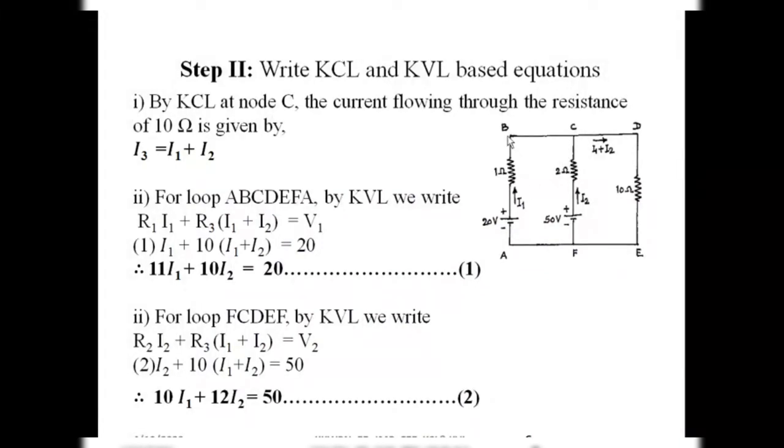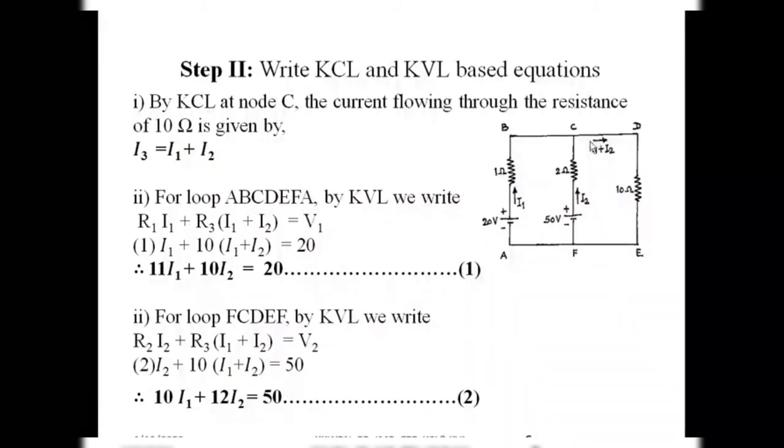One is coming from the BC branch, another is coming from the FC branch. That is I1 and I2 are the incoming currents, while for node C the outgoing current is I3.